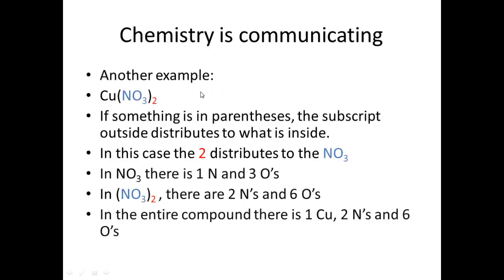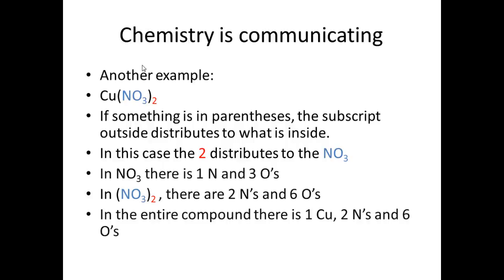Here's another example. Don't write down anything yet. So, Cu(NO3)2. When we see something in parentheses, it's kind of like what we see in algebra. If there's a 2 outside of parentheses in algebra, what does that mean? Connor? Not quite.